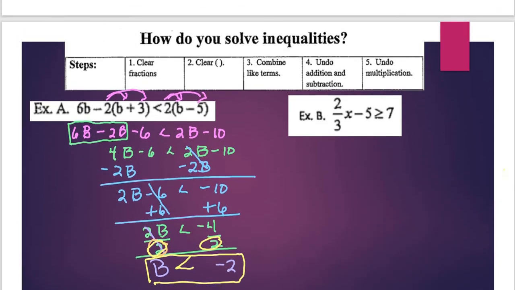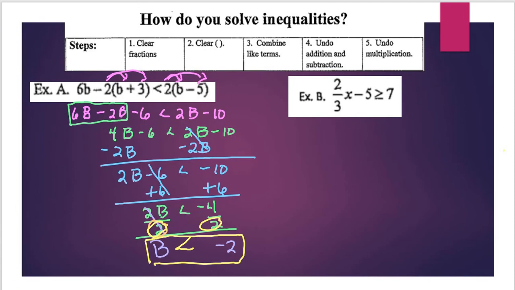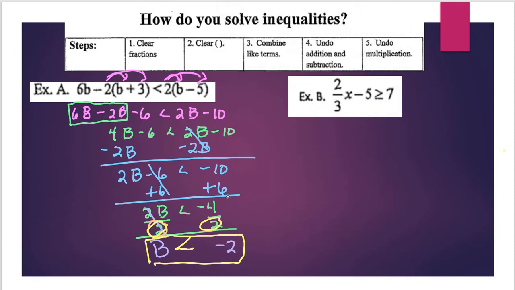Now, if I look at this one right here, on example B, the first thing we're going to do is get rid of the fractions. And I'm going to change colors because it's hard to see the yellow on white. So the denominator is 3. So I'm going to put a 3, 3, 3 right here.